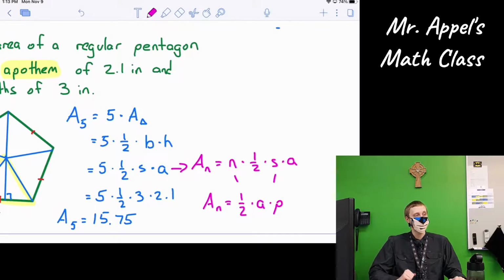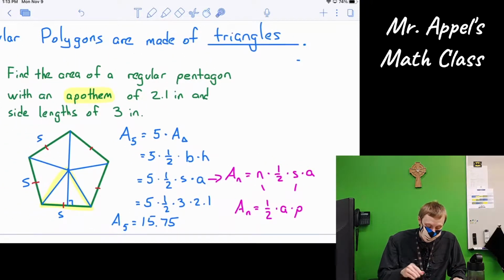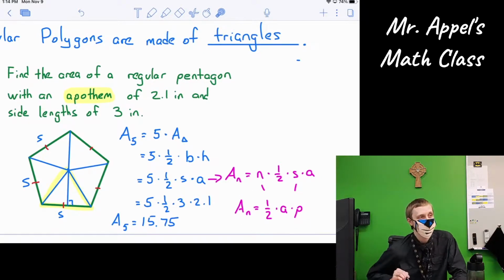It's kind of a neat one. But again, not something you have to memorize, not something you even need for this worksheet. You can just work it as a breakdown of triangles, but that is the derived result. Any questions so far?